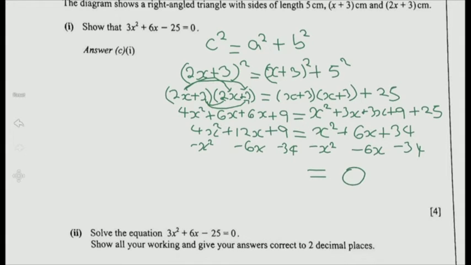And then this side is 4x squared minus x squared, which should give 3x squared, plus, then 12x minus 6x, you get plus 6x.